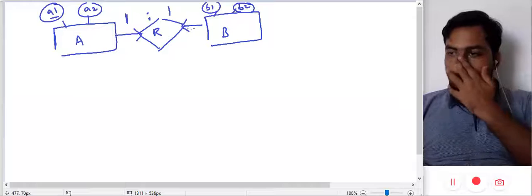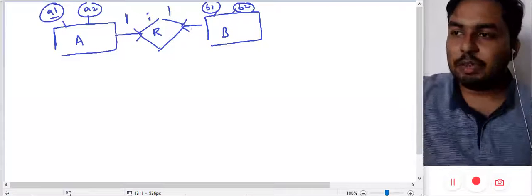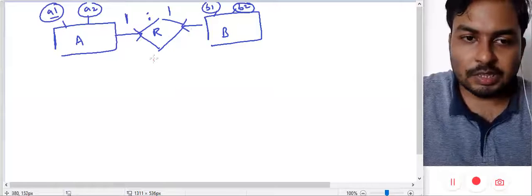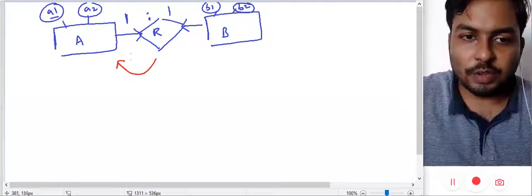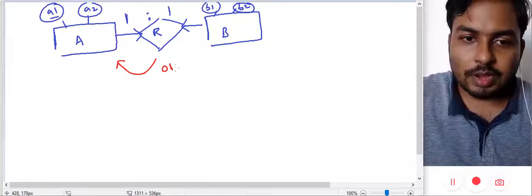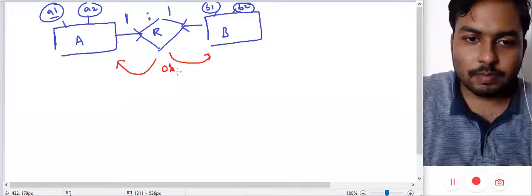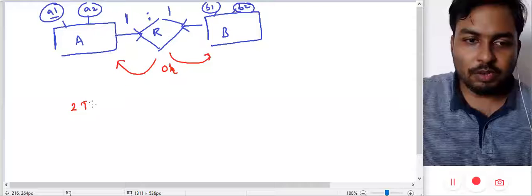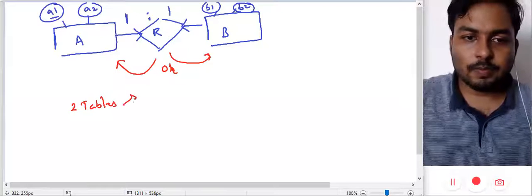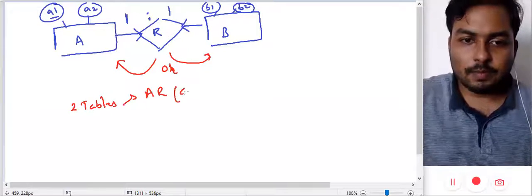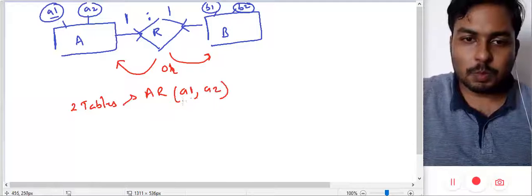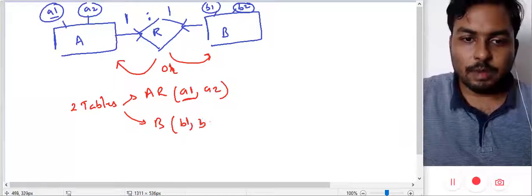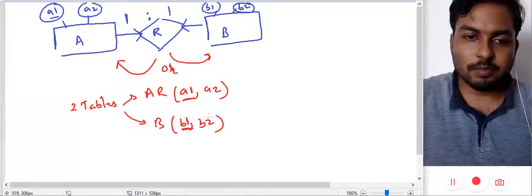Now in this case, 2 tables will form. This is a special thing: you can either combine relation R with A, or combine it with B. In either case, you will have 2 tables. The 2 tables are AR, with A1, A2 where A1 is the key, and B with B1, B2 as the columns, where B1 is the key.